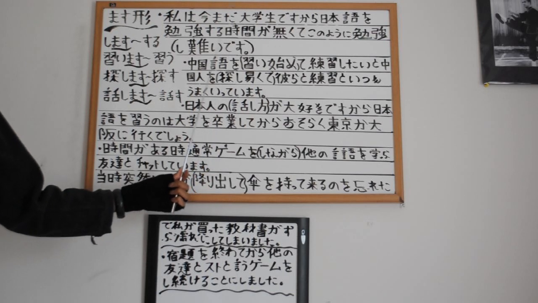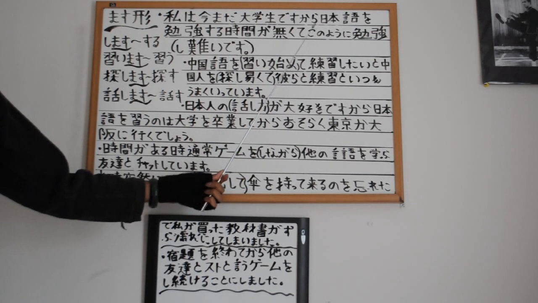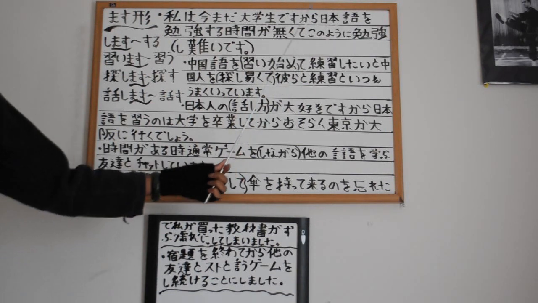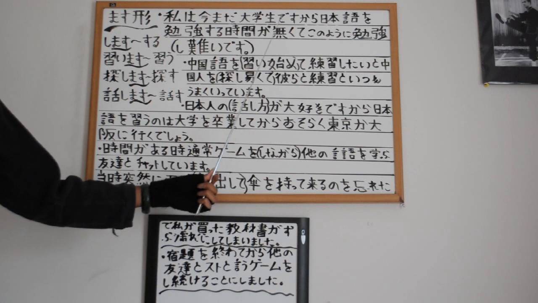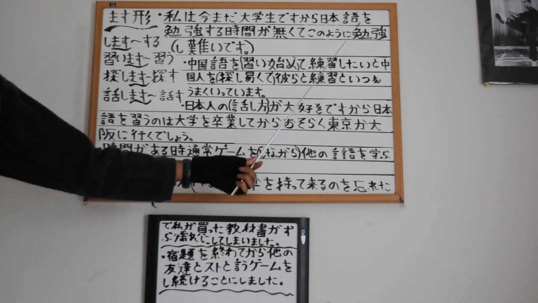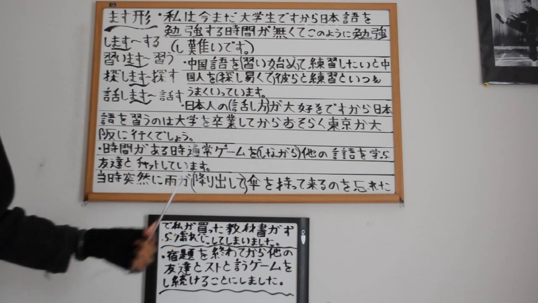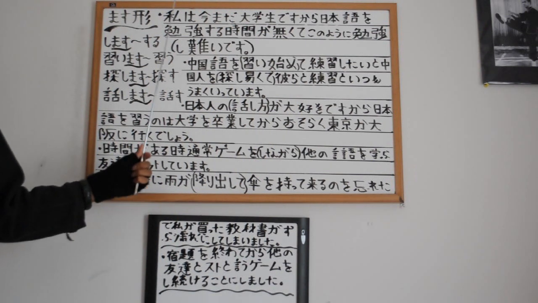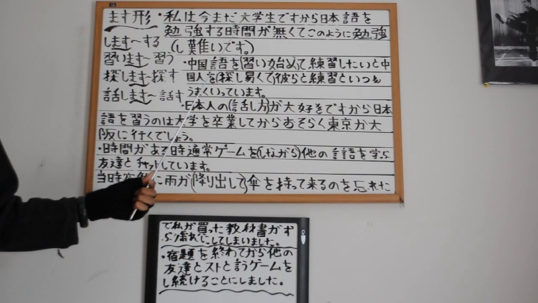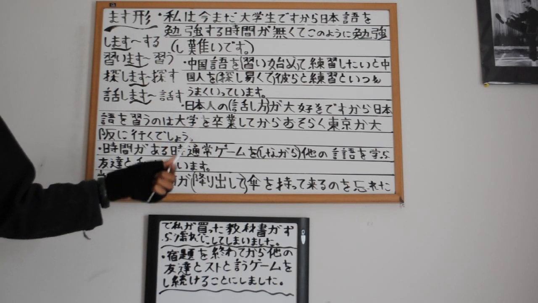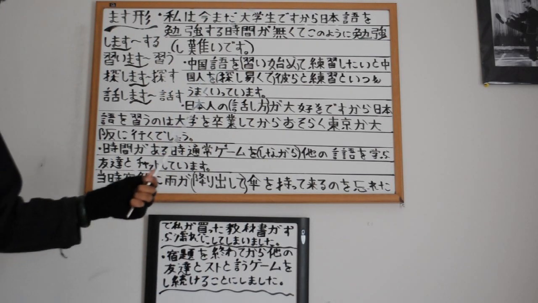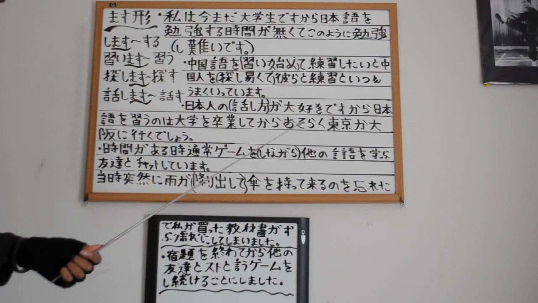Because I am still a student now, I don't have time to study Japanese, and it's difficult to study like this. Due to the fact that I'm a student now, I don't have the time to study Japanese, and it's difficult. It's difficult to study like this.